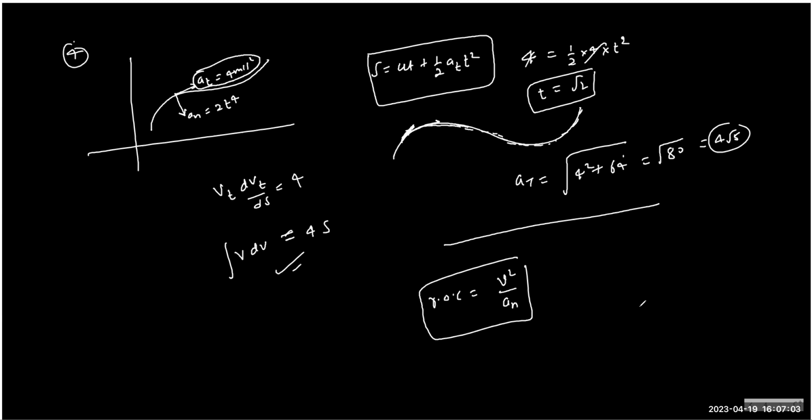So this Q, and some minus Q, just assume Q dash, or some other value we can assume.